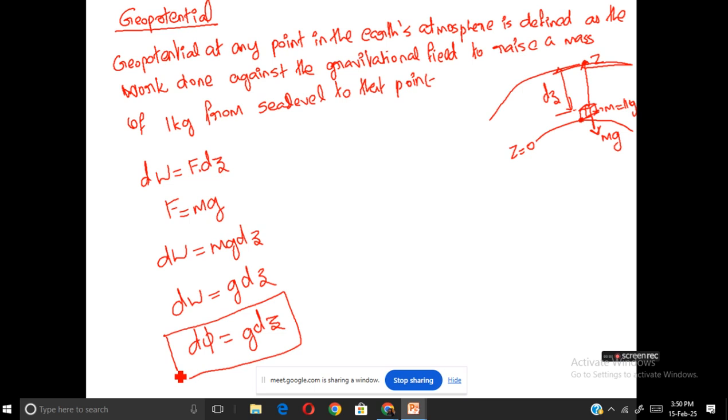Now we will write it in another form. According to the hydrostatic equation which we have already learned, dp by dz is given by minus rho g. We will see different ways in which the geopotential can be written. We just learned d phi is equal to g dz. This is the simplest and basic form.